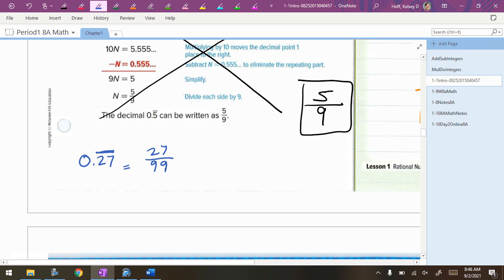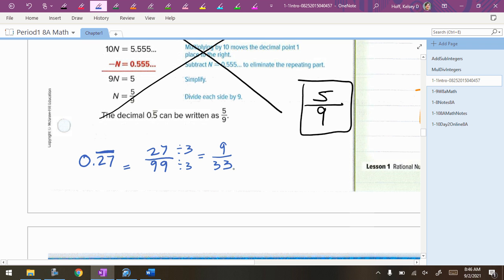Now, I'm going to give you a hint. See if you can divide out a 3. Because it's 99, 3 will always come out of it. Can you divide 27 by 3? What do you get? 27 divided by 3 is 9. 99 divided by 3 is 33.